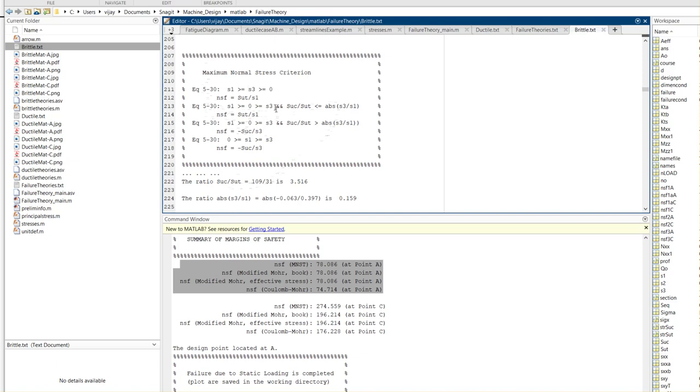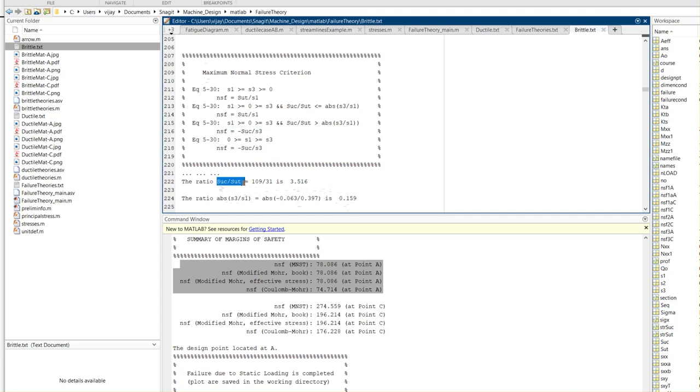I take the ratio of the absolute value of S3 over S1, and I find 0.59, while this one is 3.52. You can see this number is bigger. Since this number is bigger, the problem is compression driven, so I'm going to use this ratio right here.